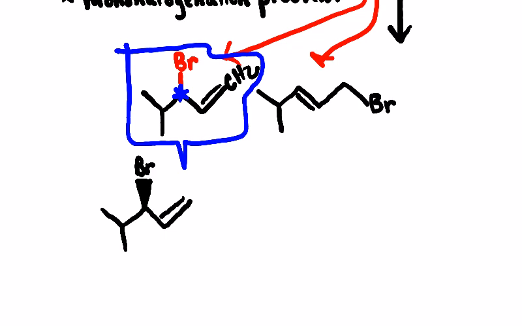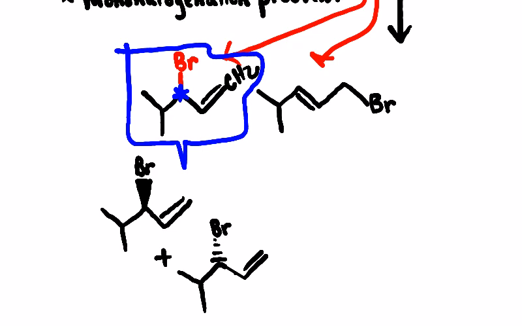The other enantiomer, we could envision putting a mirror beside this structure and then drawing the mirror image, or the other way that we can do it is we can imagine making all the dashes wedges at that position and all the wedges dashes at the position. And so in doing that, the bromine, rather than being on a wedge any longer, is going to be on a dash. So we'll go ahead and draw it like this.